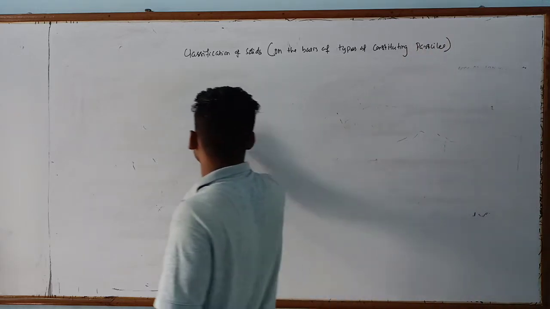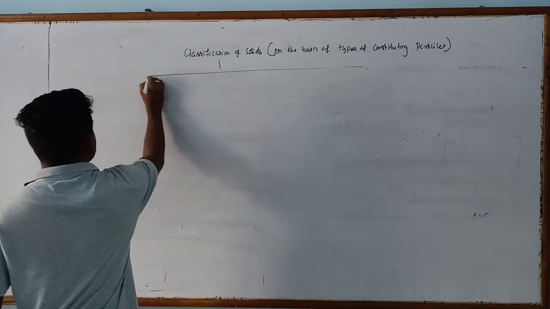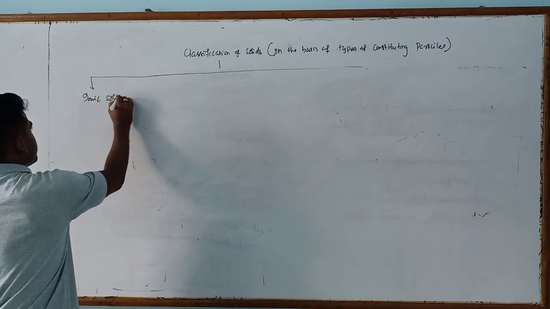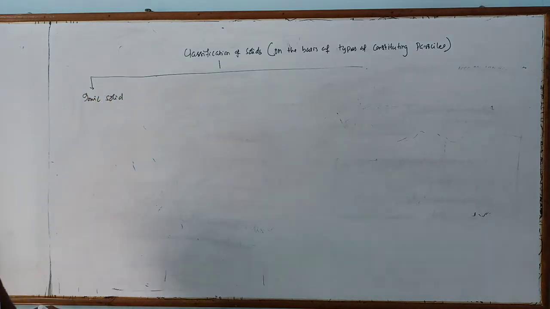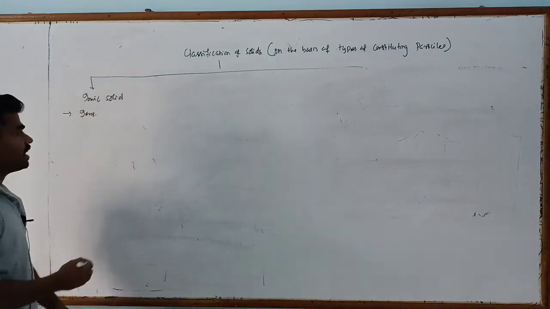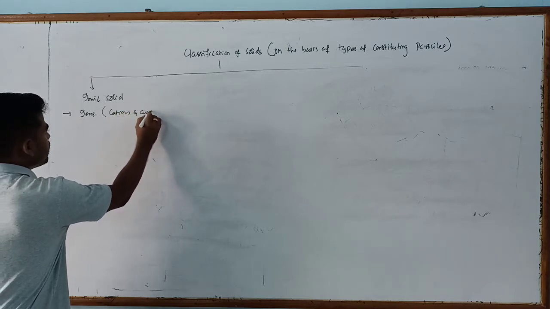So solids can be classified like this. One is your ionic solid. Let me explain about ionic solid. The constituting particles are ions, oppositely charged ions. These are cations and anions.